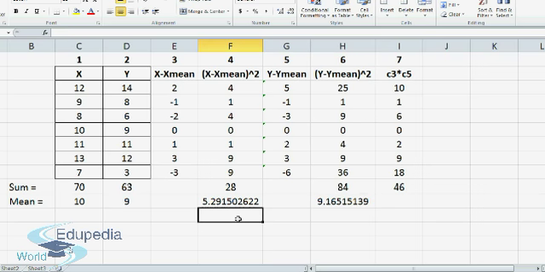Now it's simple, so my correlation would be the value here, that is 46, divided by the product of these two numbers.